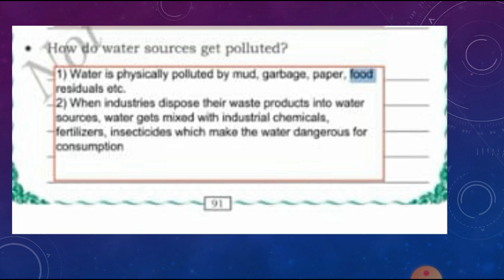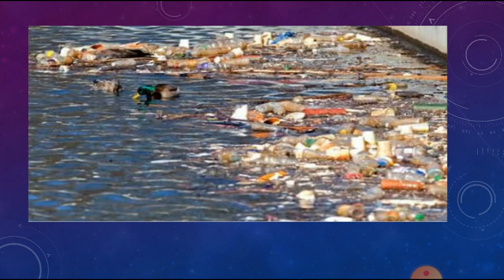So next question is, how do water sources get polluted? Water is physically polluted by mud, garbage, paper, etc. So throwing garbage and paper and all unwanted things in the water is a reason for polluting water.